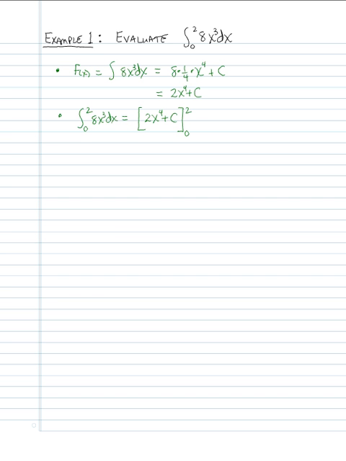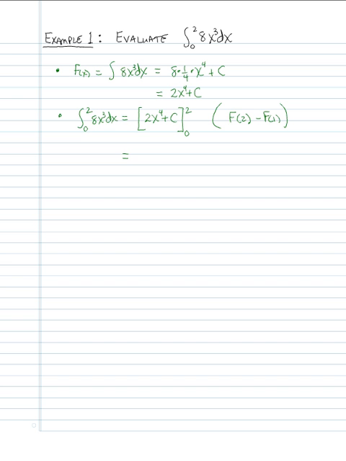Now what that means is we put the top number in for x first. So that top number, that 2, goes in for x first. So remember what we're doing. This is kind of a reminder. We're evaluating capital F of 2 and subtracting capital F of 0. And remember, capital F is 2x to the 4th power plus c.